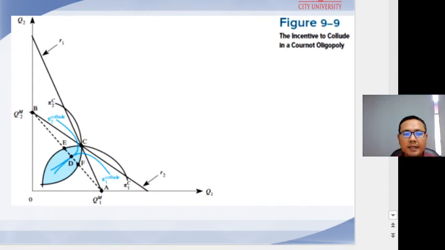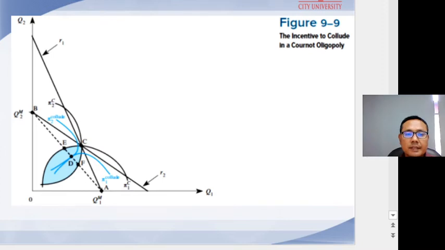Such an act by firms is known as collusion. In the following chapter, we will devote considerable attention to collusion. For now, it is useful to use the model of Cournot oligopoly to show why such an incentive exists.